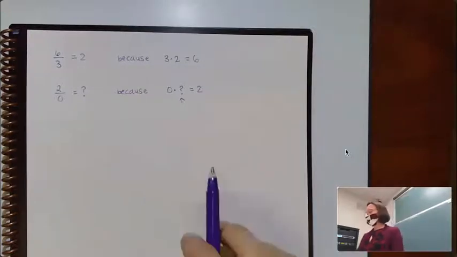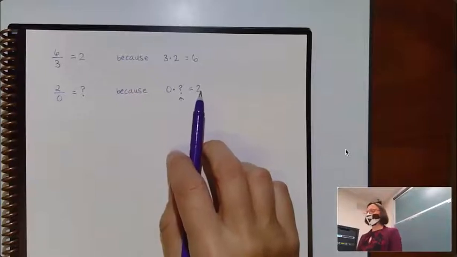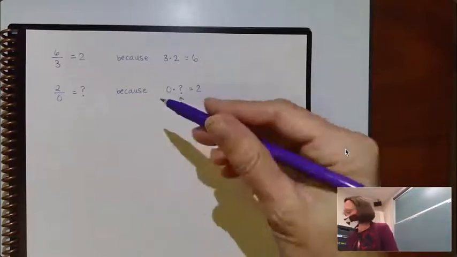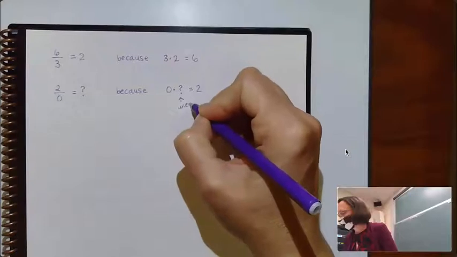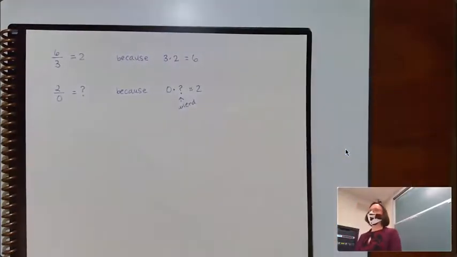Well, 0 times something is supposed to equal 0, and this is giving me a 2, so I'm going to say this is just something weird and you will explore it in calculus. But for the time being, this just doesn't make sense for us. So we restrict our variable to not plug in 0 to the denominator.